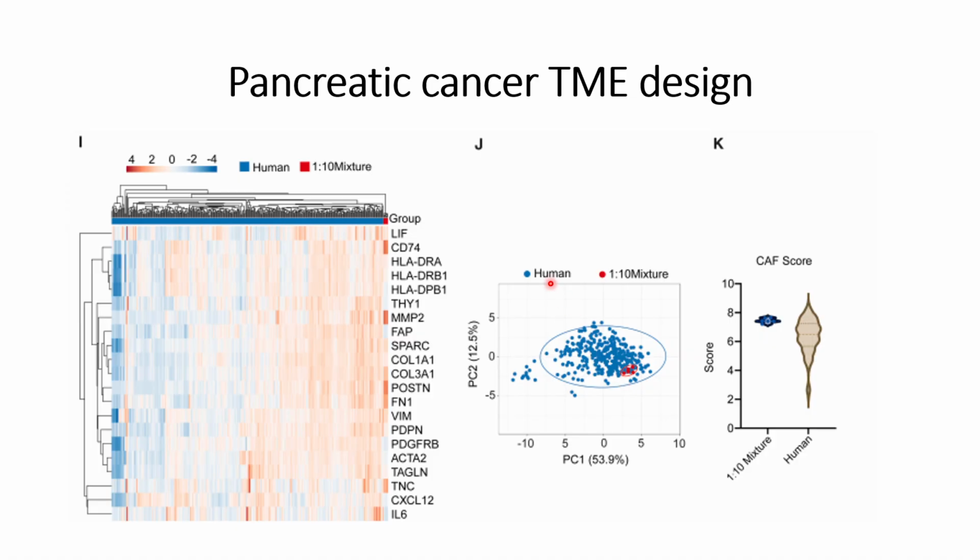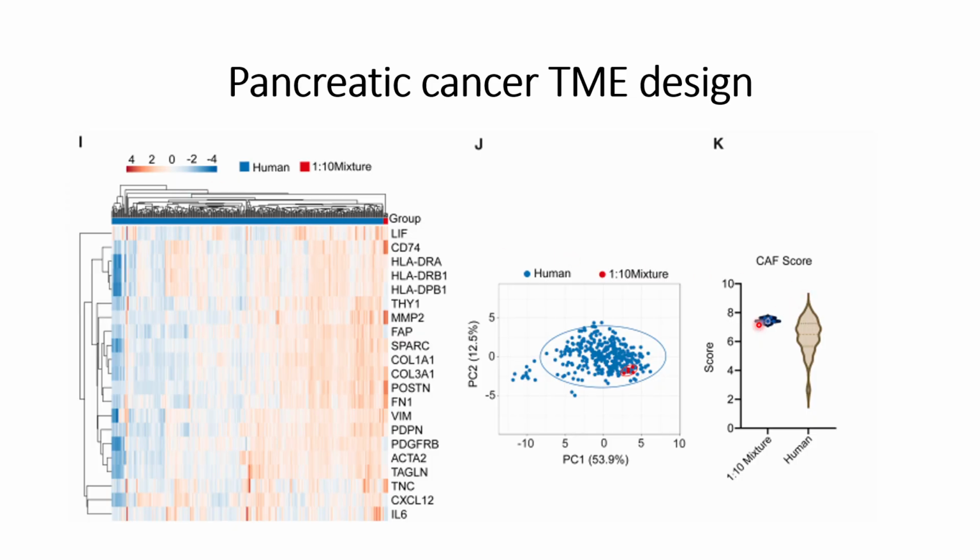So this indicates that the tumor microenvironment design from the 1:10 mixture and the human group are similar to each other. Afterwards, they also checked the cancer associated fibroblast scores. In the transcriptomic analysis, we see that the CAF genes are slightly more expressed compared to the humans.